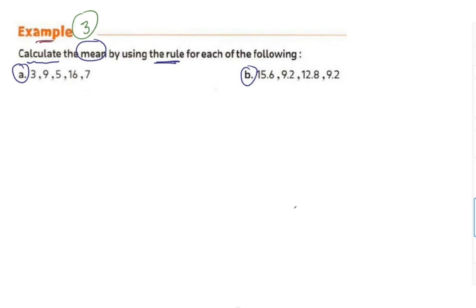First, what's the rule I will use to find the mean? Watch with me. The rule says, to find the mean for any group of values, find the sum of values. What's the sum of values?